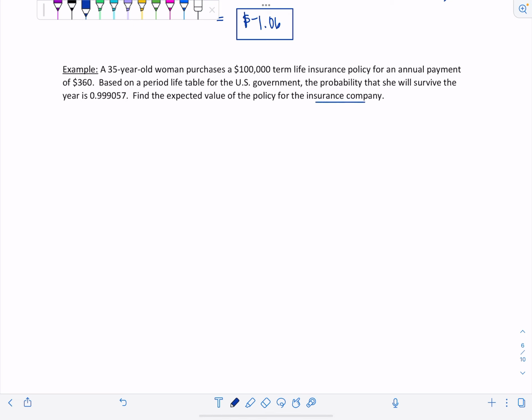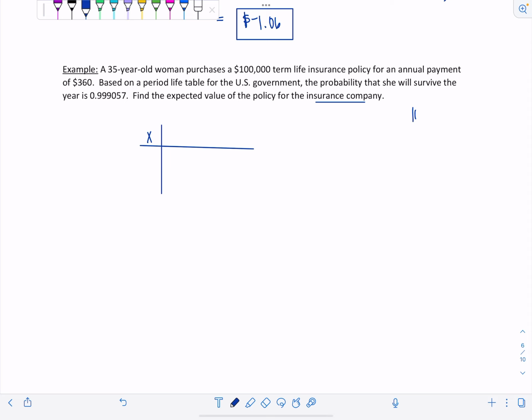So we are setting up X, the values that X could be, from the insurance company's perspective. What could happen to this insurance company? Really only one of 2 things. Either she dies and they have to pay out the $100,000 policy. However, she did pay them $360, so they're not paying out a full $100,000.